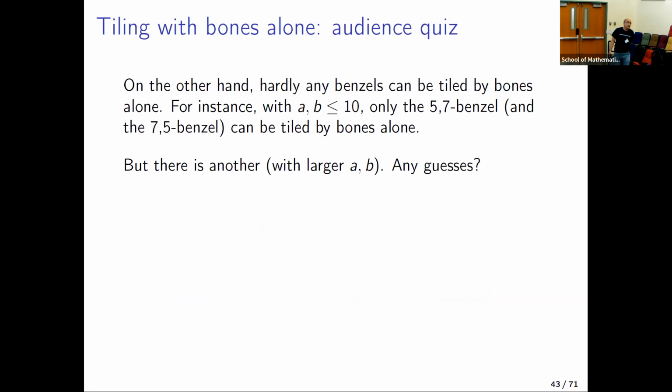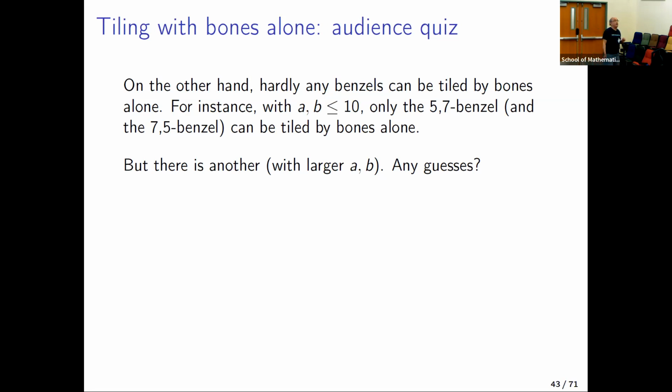Okay, audience participation time. I showed you that the 5, 7 benzel can be tiled just using bones, those three hexagons in a line. It seems to be an outlier, because if you take A and B between 1 and 10, that's the only case, 5, 7 and 7, 5, where you can tile using just bones and no stones.